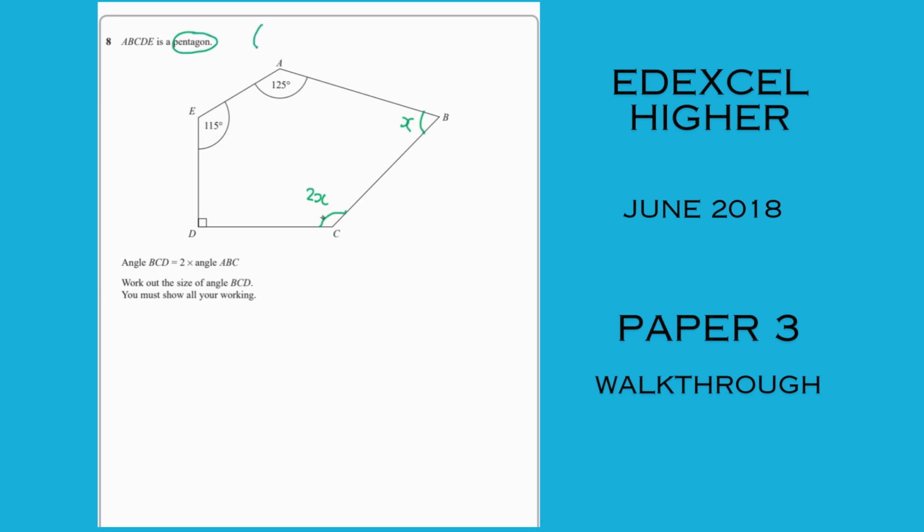Don't forget the formula for the sum of the internal angles is number of sides take away 2 multiplied by 180. So for a pentagon, it's 5 take away 2 times 180. The total of these angles is 540, and that's where we get the equation from. So the 3 x's, which we don't know, added, don't leave out the 90, very easy to forget that. The rest all add up to 330.